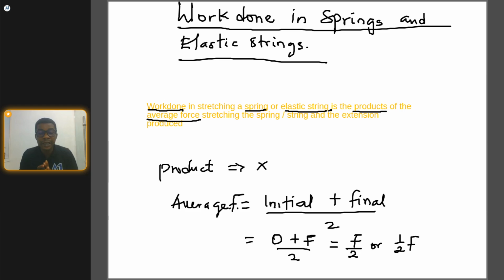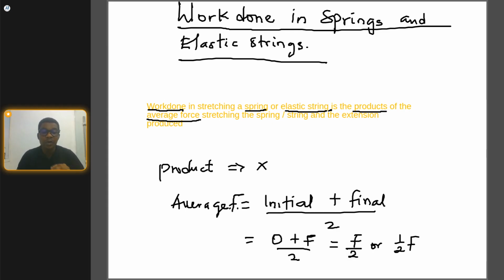Now that is the interpretation of the average force. I said earlier, in the previous classes, that for us to stretch a material or to compress a material, we need to apply force. Let's say this is an elastic material. If I'm going to stretch this, I will need to apply force. If I'm going to compress this, I'll need to apply force.